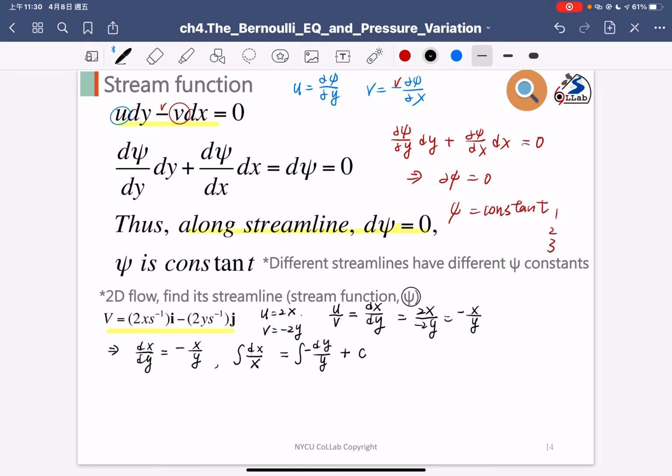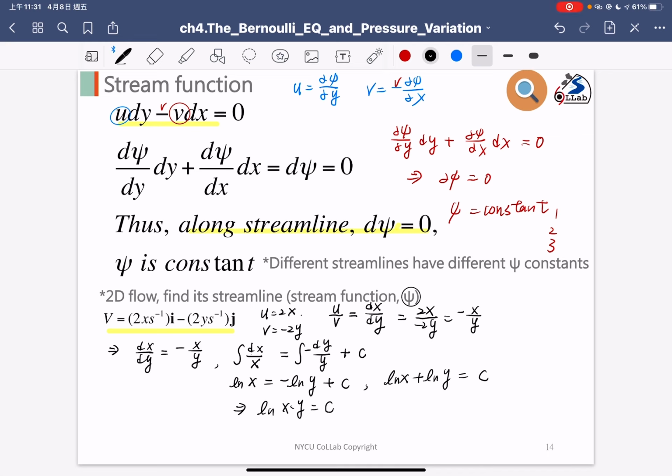So I plus c as the constant value, but I don't know the true constant in here. So I do the integration. I know that ln x will equal to minus ln y plus the constant, okay? And then I can say that ln x plus ln y is equal to the constant value. Because of the plus of the logs, I can take the product of the two variables together inside the log, equal to a constant value.